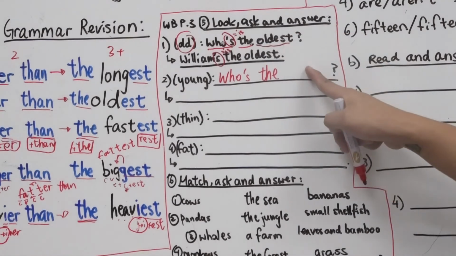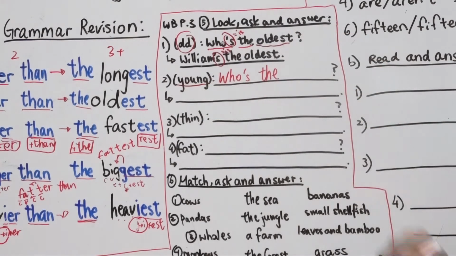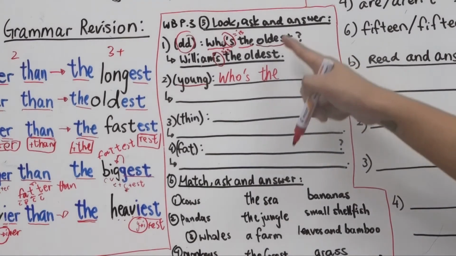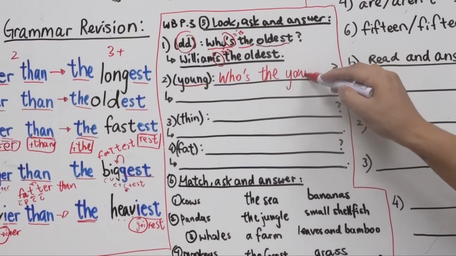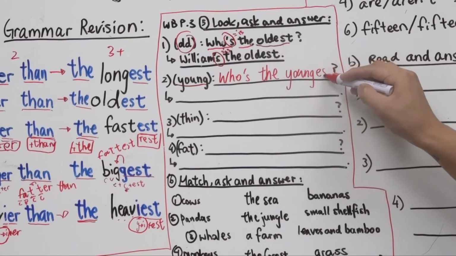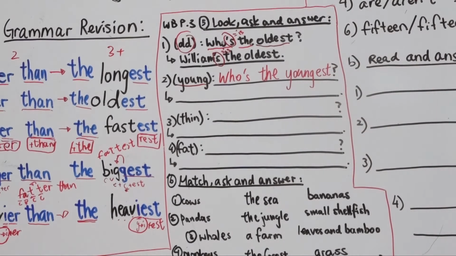Should we write oldest again if they give us young? No, right? So we change old to youngest. So who is the youngest? That's your question. Who's the youngest?